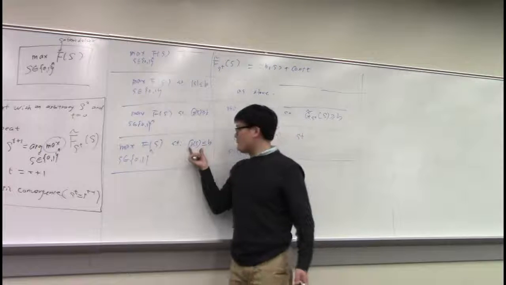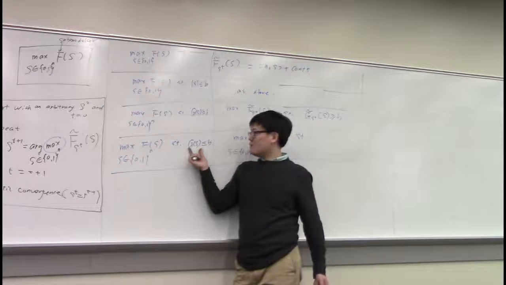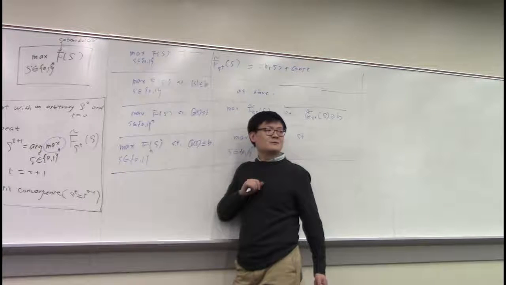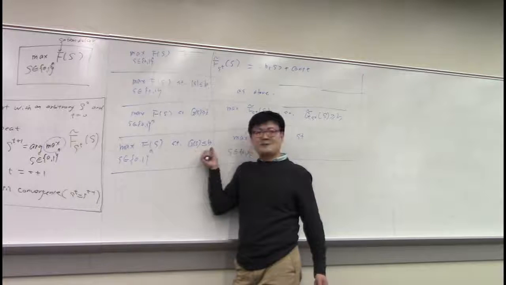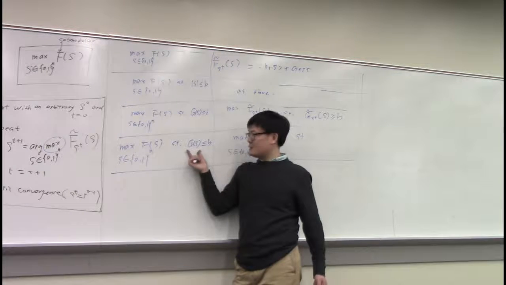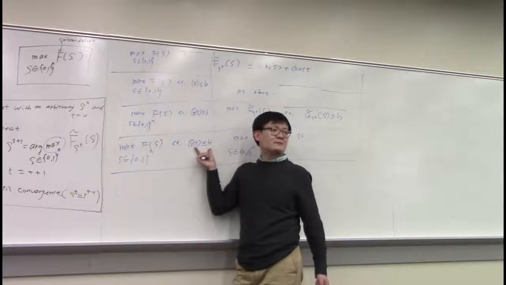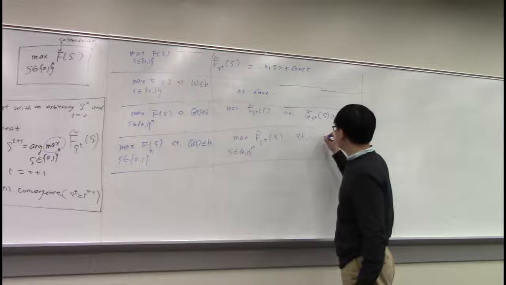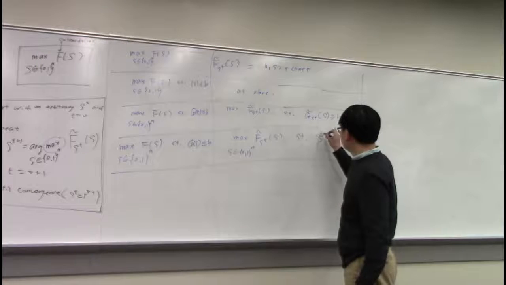So in order to make sure this is feasible, which means less than or equal to B, then we should use upper bound. Because if upper bound is less than or equal to B, then the true value, of course, will be less than or equal to B, right? But if you use lower bound, then it is possible you get a solution that is not satisfied. You follow? So for this reason, this is upper bound.